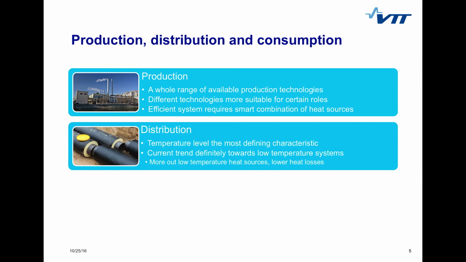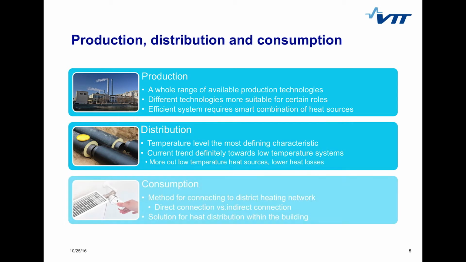In distribution, the temperature level is the most defining factor in the operation of the system. So temperatures range from over 150 degrees Celsius to as low as 40 degrees Celsius. The current trend is towards low temperature solutions, as more heat can be extracted from low temperature heat sources and distribution has lower heat losses.